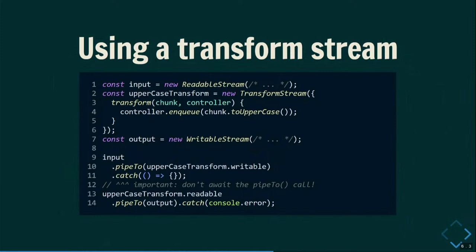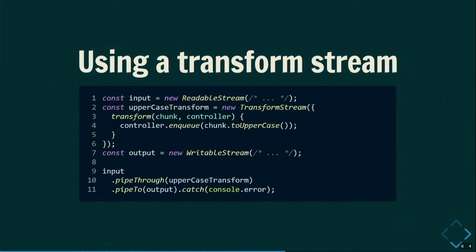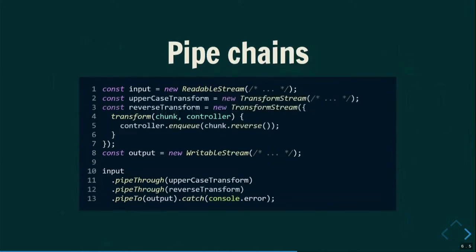Now, because this happens so many times, the Streams API has a shorthand for it, and we call that pipeThrough. So pipeThrough will do both pipes. It'll pipe the input to the writable of what you give it, and then it returns the readable so that you can pipe that back to the output stream. So that makes things very easy to write, and it also makes it very easy to compose.